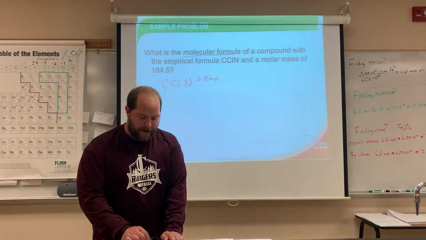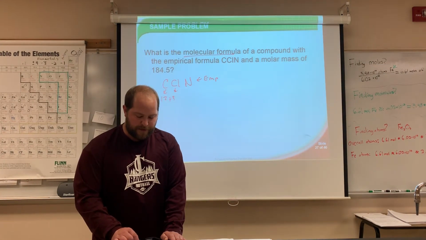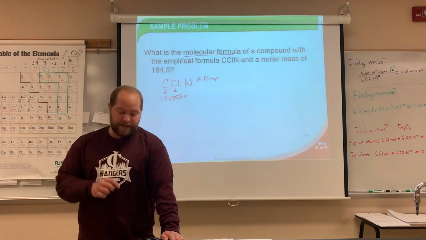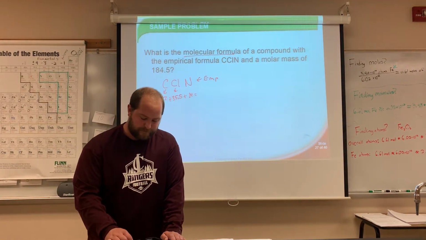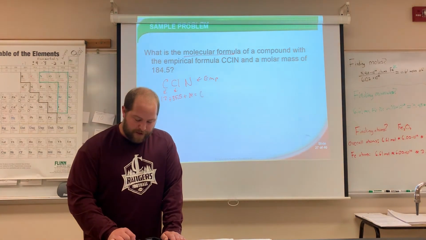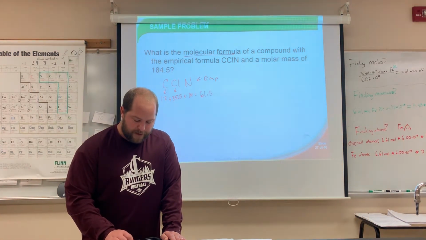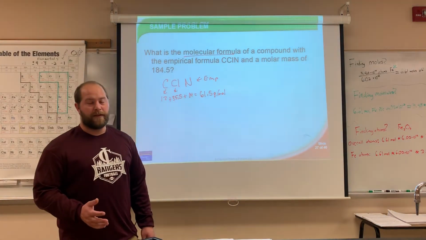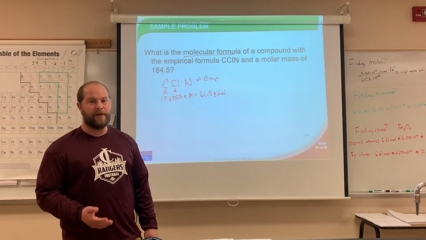Now the molar mass of the empirical formula would be 12 plus 35.5 plus the nitrogen would be 14 again. So 12 plus 35.5 plus 14, and I get a value of 61.5 grams per mole. Okay, so that's the molar mass of the empirical formula.